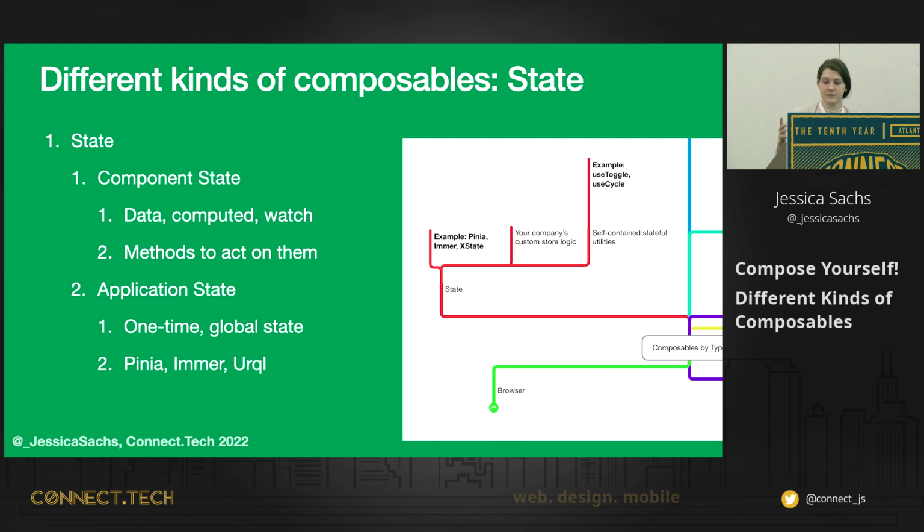Some examples: useToggle, useCycle. They're self-contained, stateful utilities. How many times have people written, I don't know, a modal, where you need to take a toggle and have it either be visible or hidden? Yeah, hands? Lovely. How many times have you had a switch component that needs to be on or off?